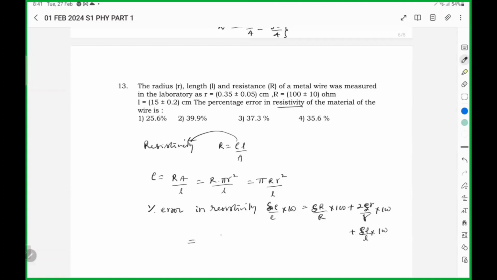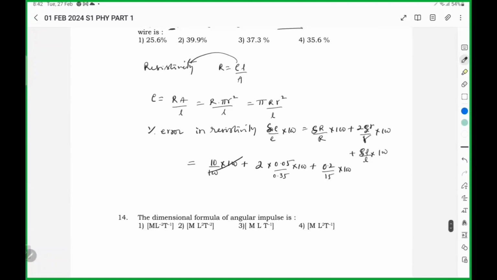So here delta R by R, change in resistance is 10 ohms, original resistance is this. Radius 0.05 by 0.35 into 100. Length 0.2 by 15 into 100. 100 by 7, so it's 4 by 3. 100 plus 200 by 7.